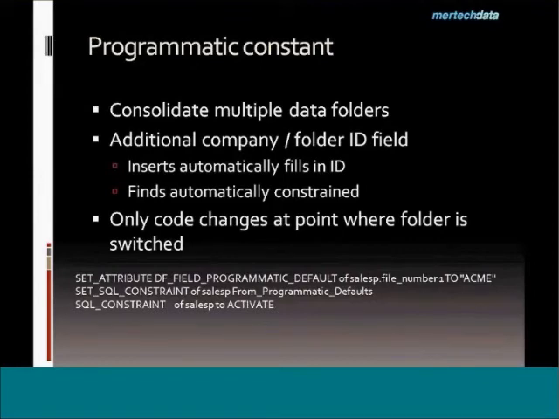So you don't have to go through your code, and wherever you access this file, fill in the current company ID in my table, update all your index information, all of that. So you just use this code at the point where you're switching the current company, and everything else will work as previously.